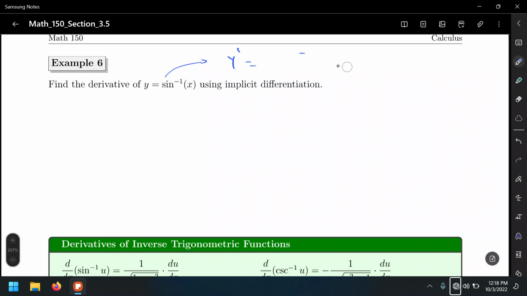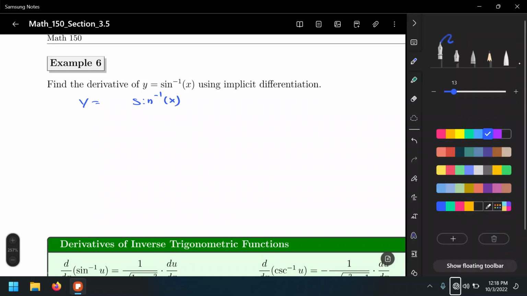So let's see. In this case, we need to write this as an implicit function. So if we have y equals sine inverse of x, I'm going to solve for x by doing the inverse of the inverse sine. And the inverse of the inverse sine is to take sine.